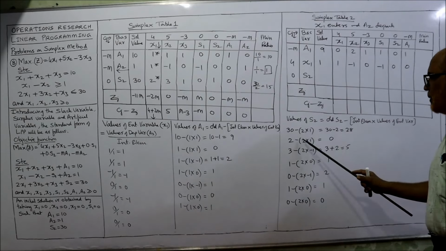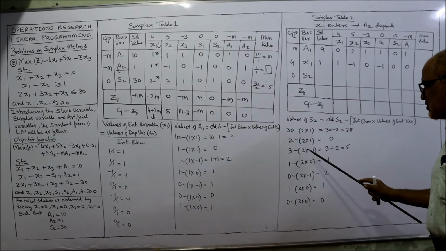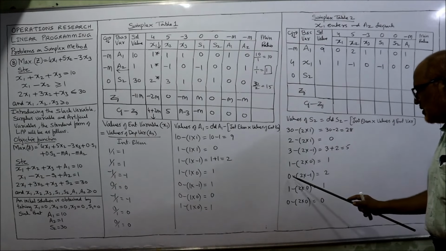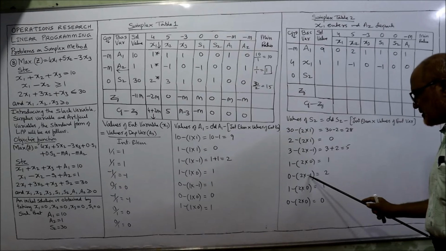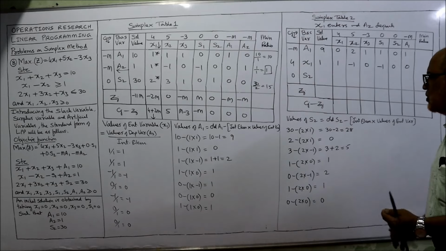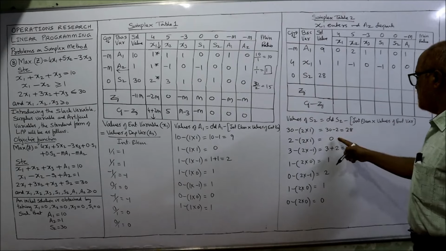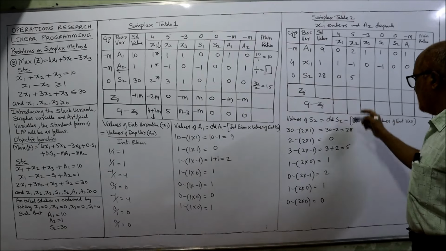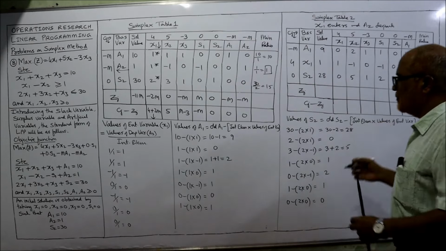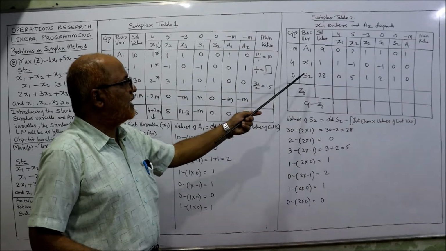Right? And 2 minus 2, 0. 3 minus into minus will become plus, 2 ones are 2, 3 plus 2, 5. 1 minus 0, 1. 0 minus into minus will become plus, 2 ones are 2. 1 minus 0, 1. 0 minus 0 is 0. So the values of S2 are 28, 0, 5, 1, 2, 1, 0. So we got all the values of A1, x1 and S2.